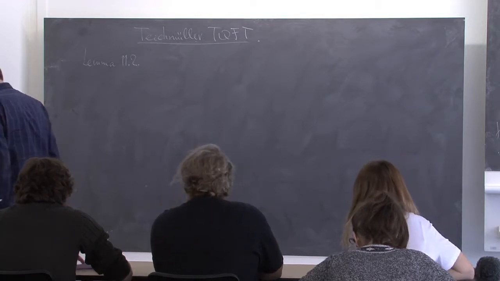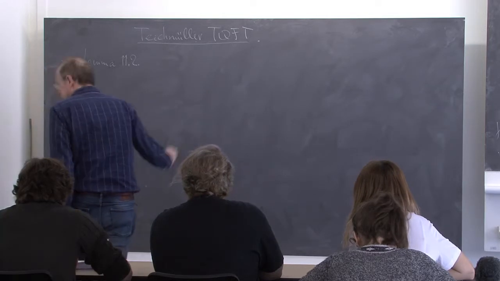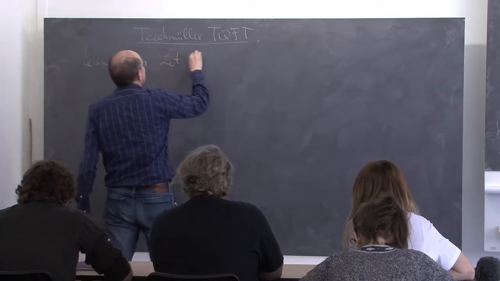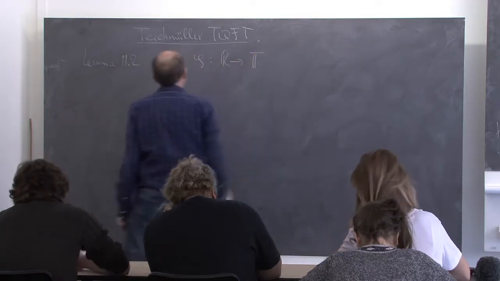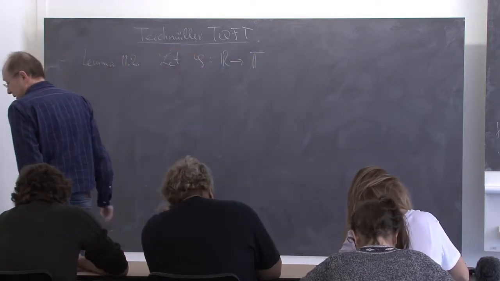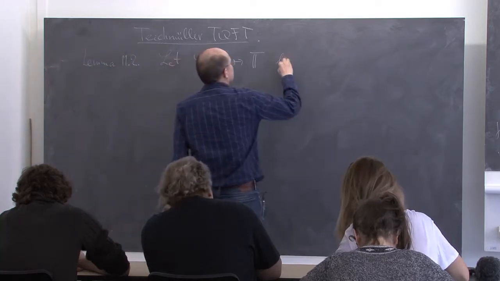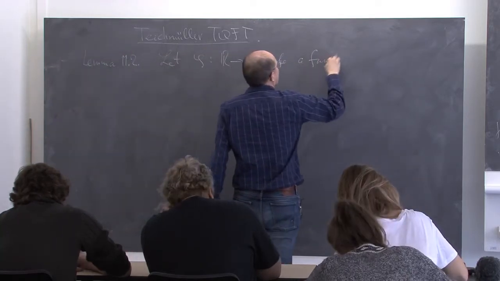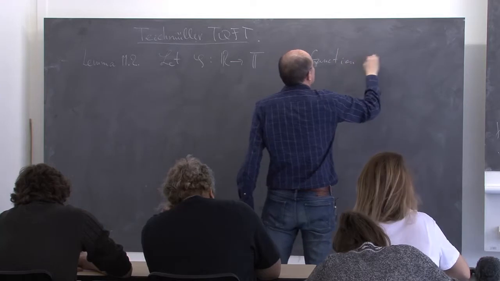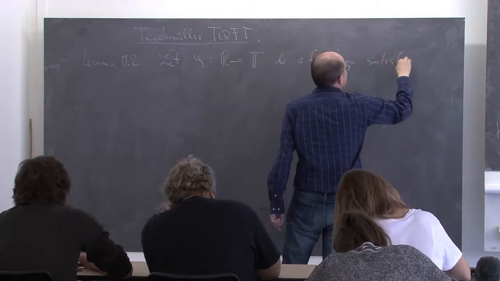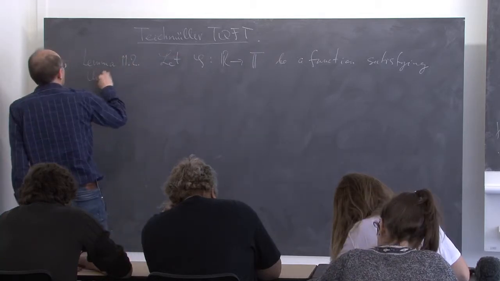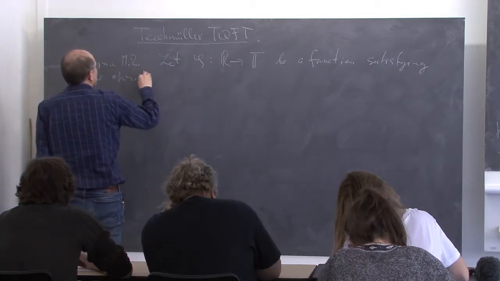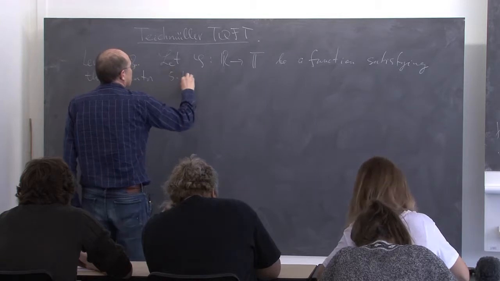Okay, so let phi: R to T, remember T is the unit circle, be a function satisfying the operator 5-term identity.